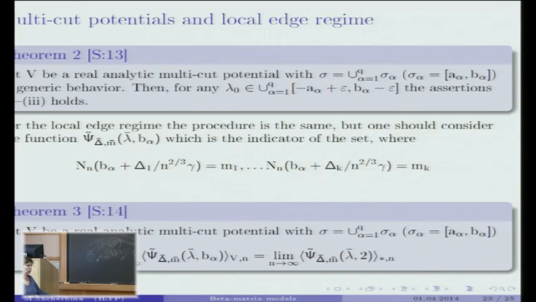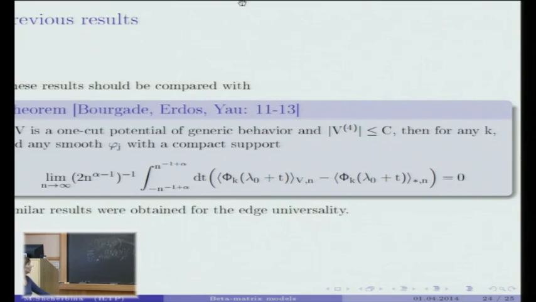The second was, sorry. Okay, and I would like to compare with the result obtained before me by Bourgade, Erdős, and Yau. Here you see fewer derivatives. For derivatives, I cannot do this; I definitely need more. But here there is some additional averaging.